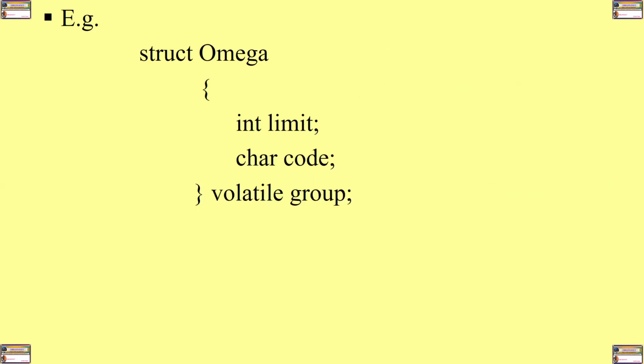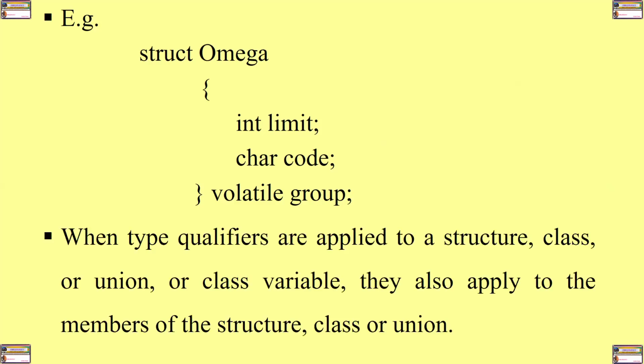For example, if we have a structure called omega, struct omega, with members such as limit of type int, code of type char, and an object called group, which is volatile group, then it simply means that when type qualifiers are applied to a structure, class or a union variable, they also apply to the members of the structure, class or union.